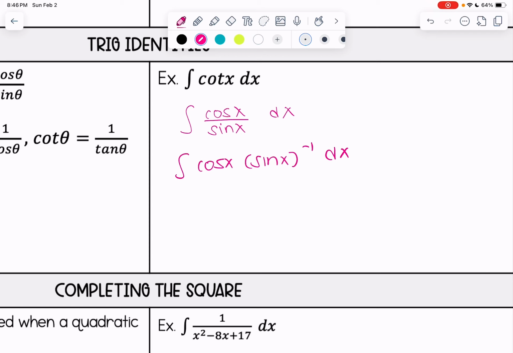When I integrate that, I notice the derivative of the inner function sine x is sitting out front. So I know that I'm kind of doing reverse of chain rule here. So we have the same negative 1 exponent like we saw in the previous problem. So that's going to introduce natural log, this time of sine of x plus c.